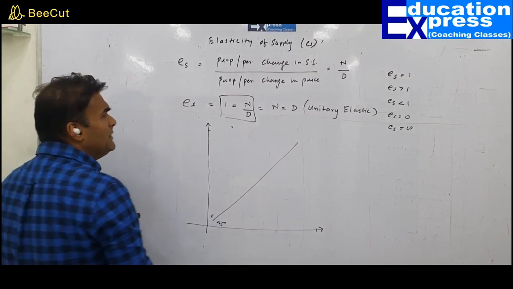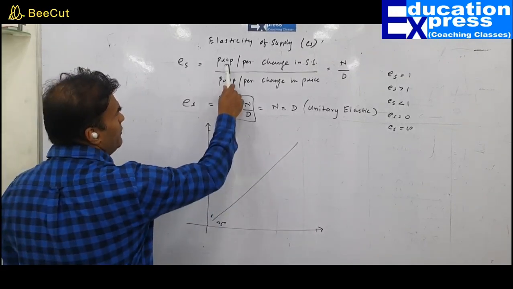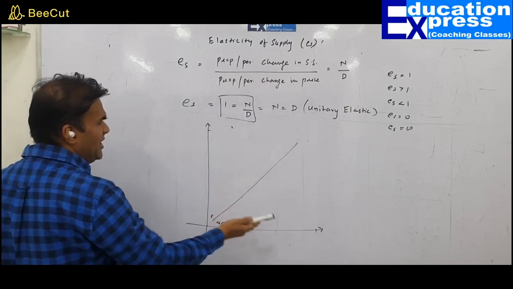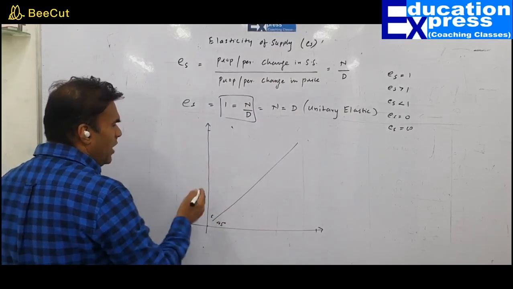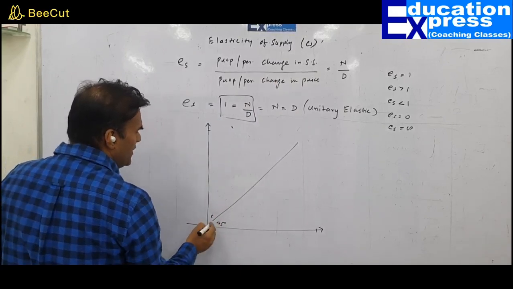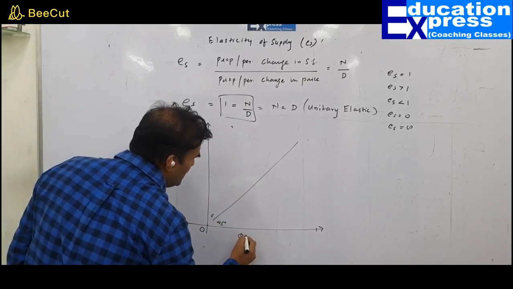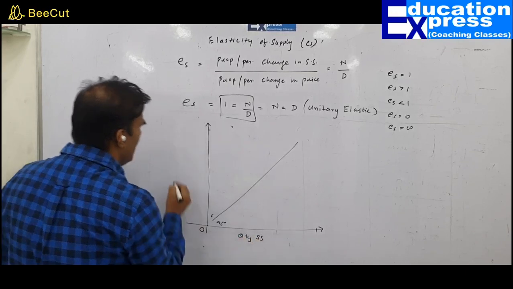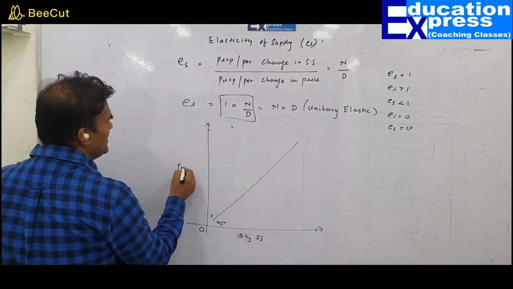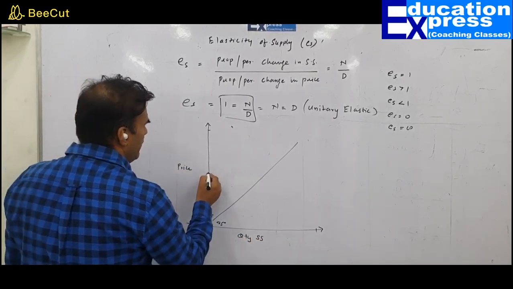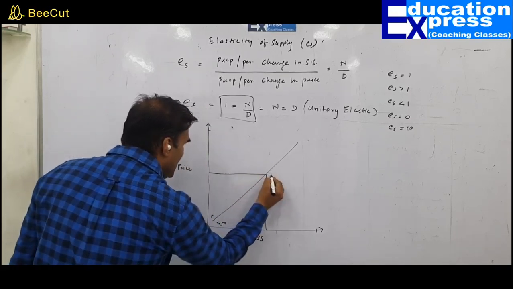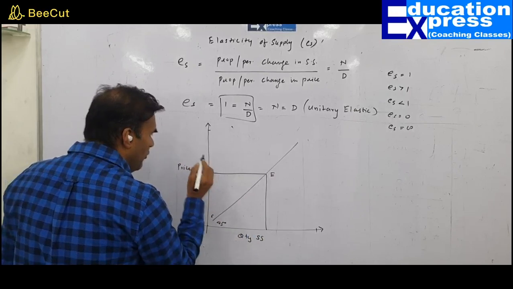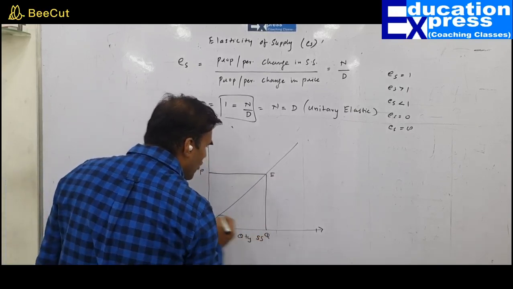The reason being, the proportionate change in supply is equal to the proportionate change in price. Now you can go ahead. O is the origin. This is quantity supplied. This is price. Now, assume I was in equilibrium at E, where the price is OP and quantity supplied is OQ.